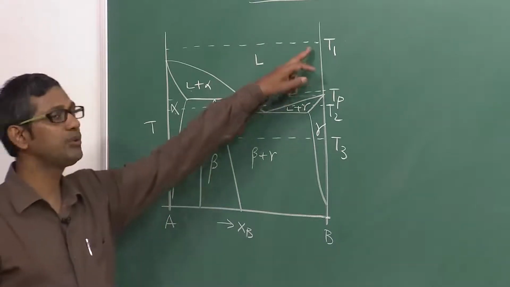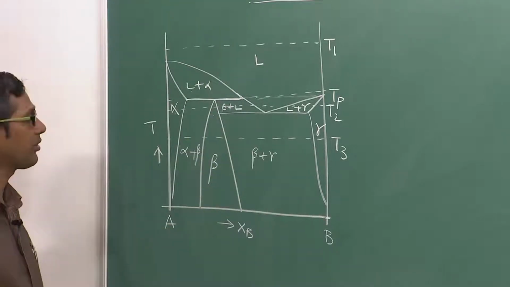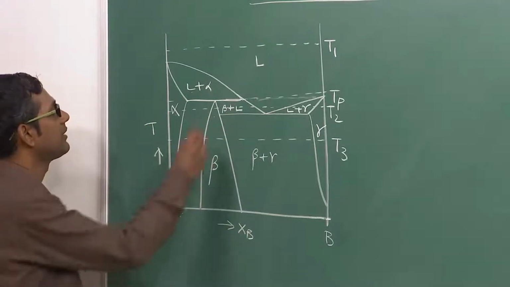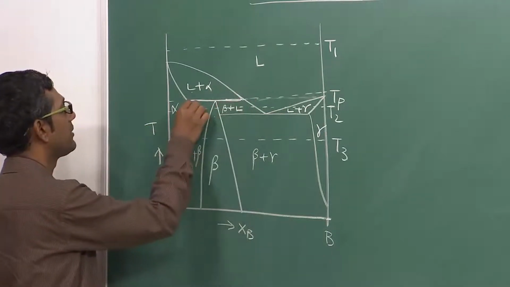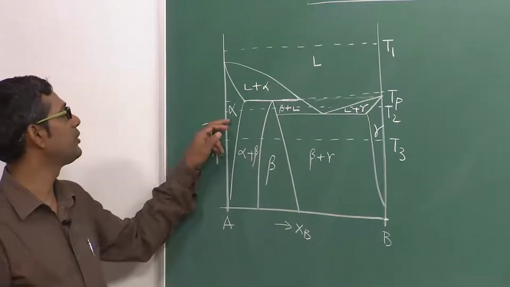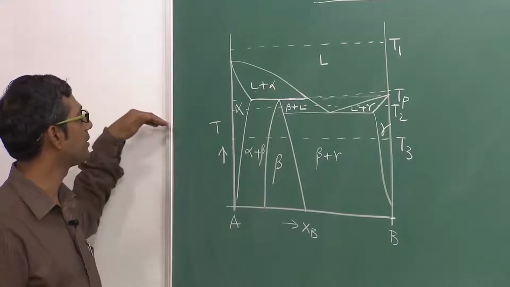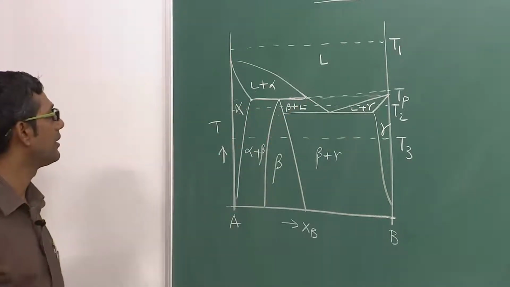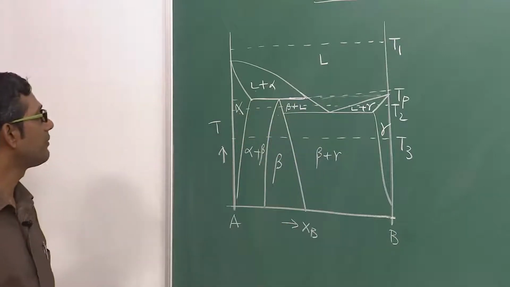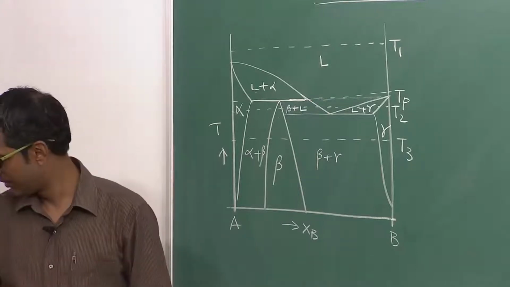One at temperature T1 is very clear: liquid is stable, other phases are not stable at all. Then at T equal to Tp, the peritectic reaction temperature at which the peritectic reaction takes place. Then at temperature T2, in which the temperature line, rather than a tie line, passes through a lot of phase fields, and finally another at temperature T3. Okay, let us draw that.